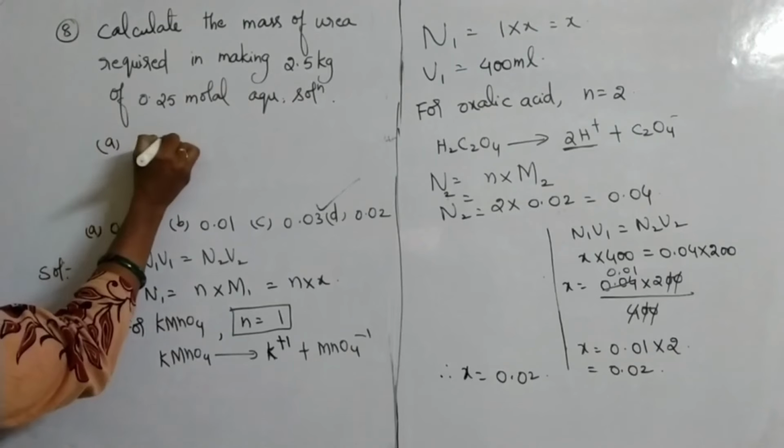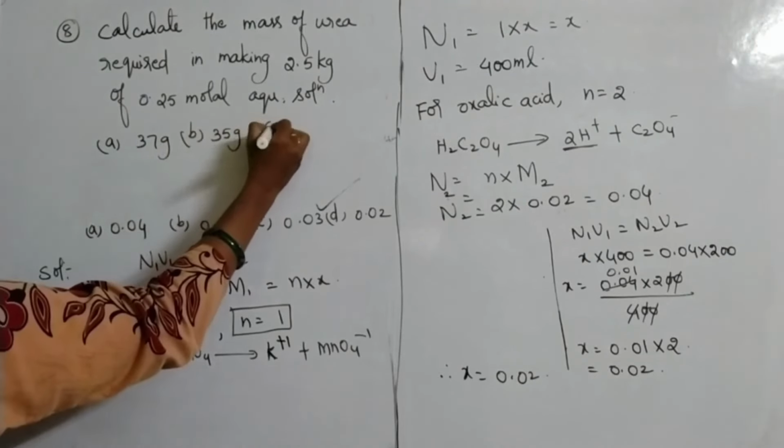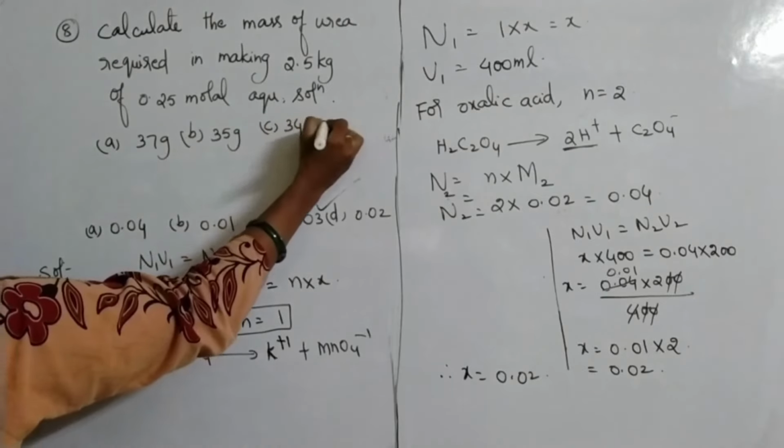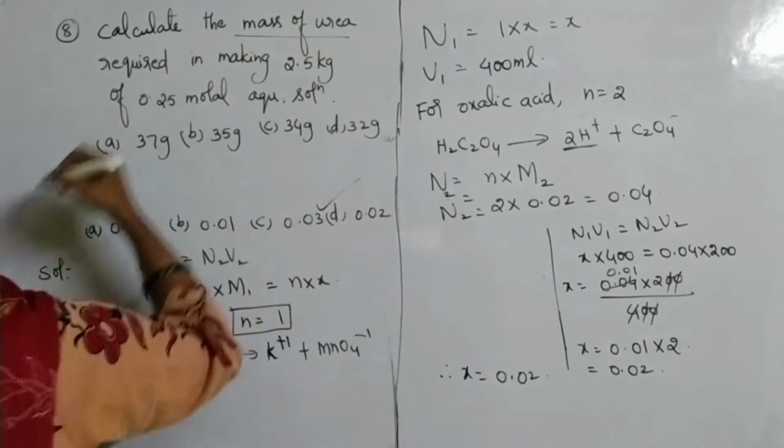Options are given: 37 grams, 35 grams, 34 grams, 32 grams. Calculate the mass of urea.